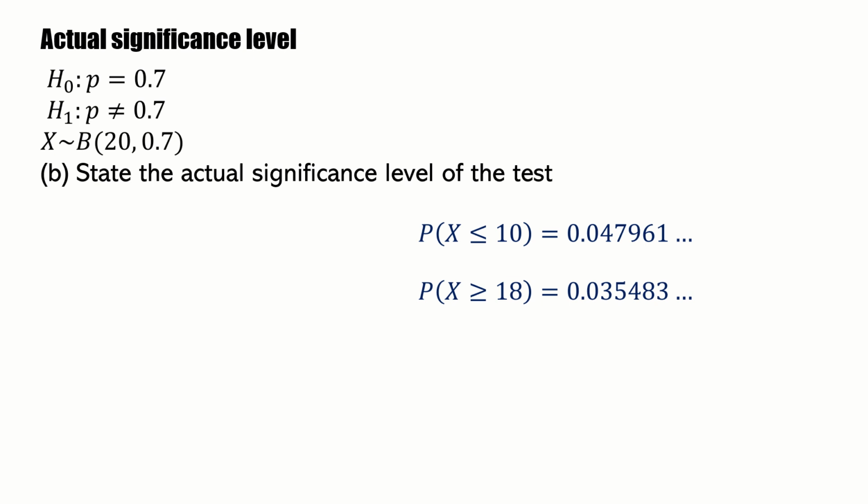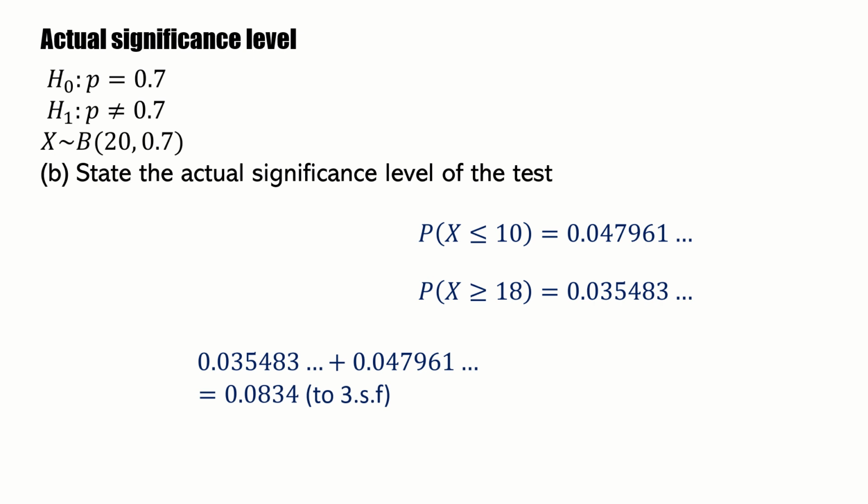Now, the actual significance level is the probabilities we can see written there. As it's a two-tailed test, it's going to be these two probabilities combined. So the actual significance level of this hypothesis test is those two probabilities added together. And that will get us 0.0834.